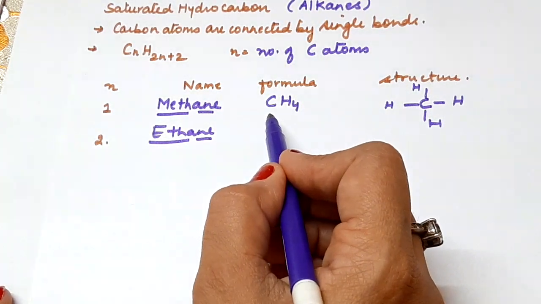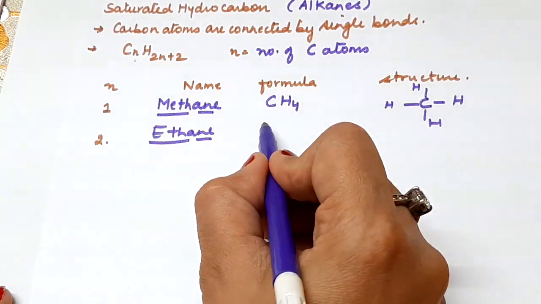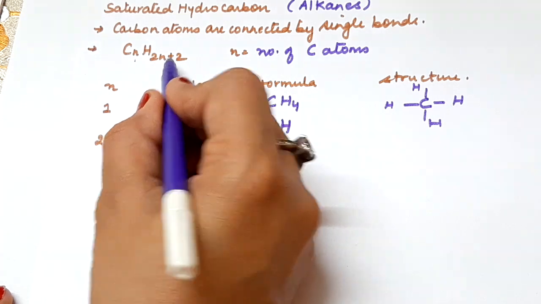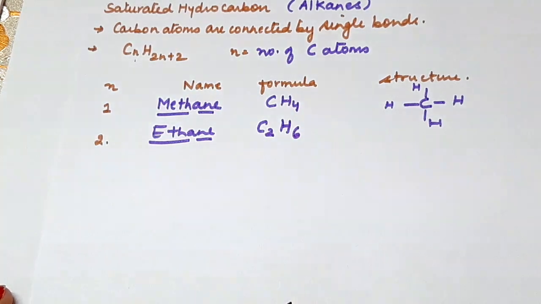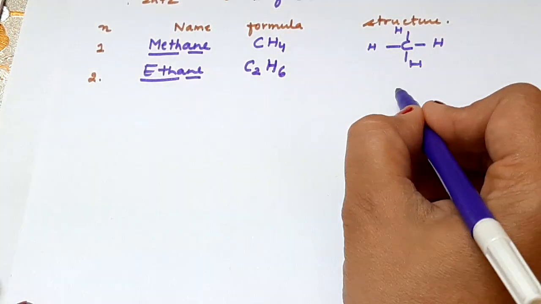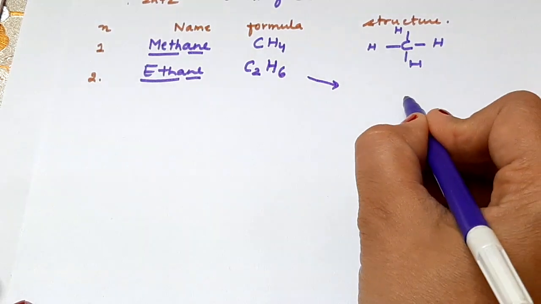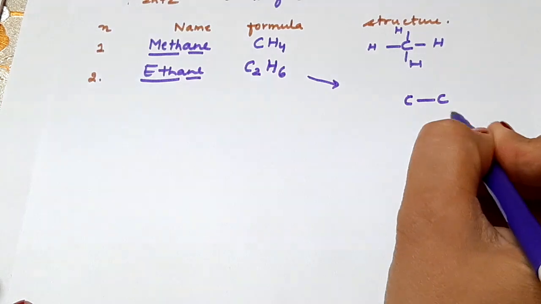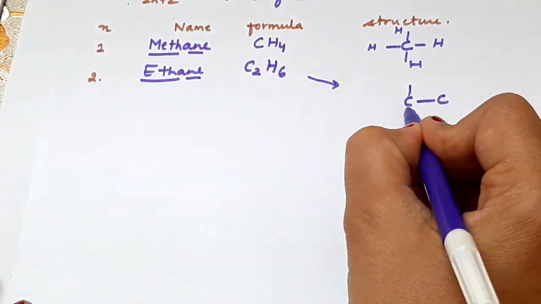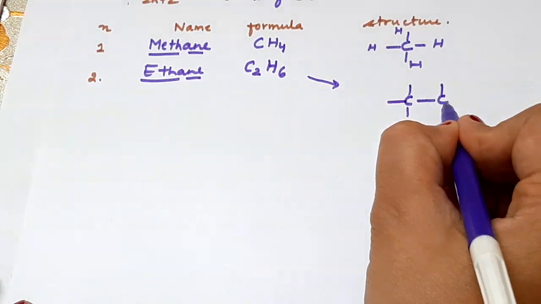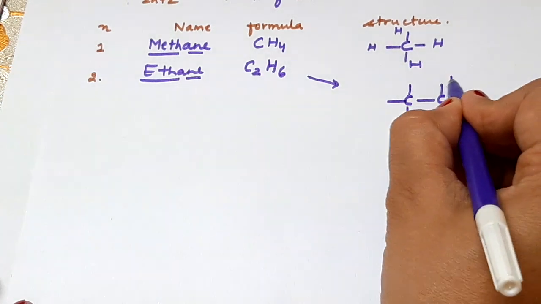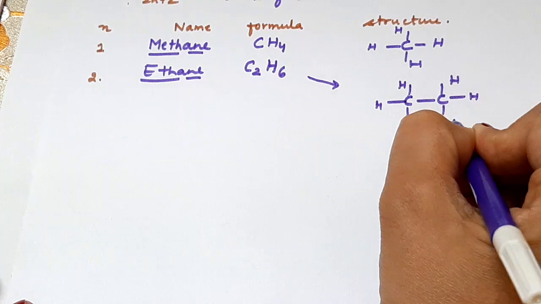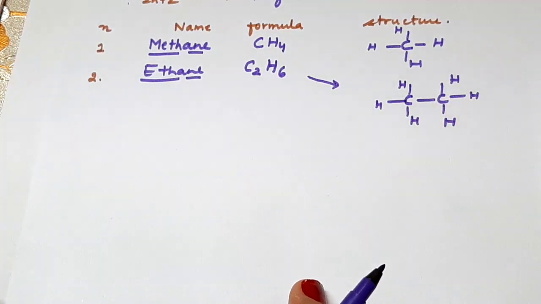Now again the formula: here n is 2, so C2H, 2 into 2 is 4 plus 2, 6. So this is C2H6. Now let's see the structure for ethane. It will be 2 carbon atoms, right? And 6 hydrogen atoms. 1, 2, 3, 4, 5, 6. So this is the structure for ethane, right?